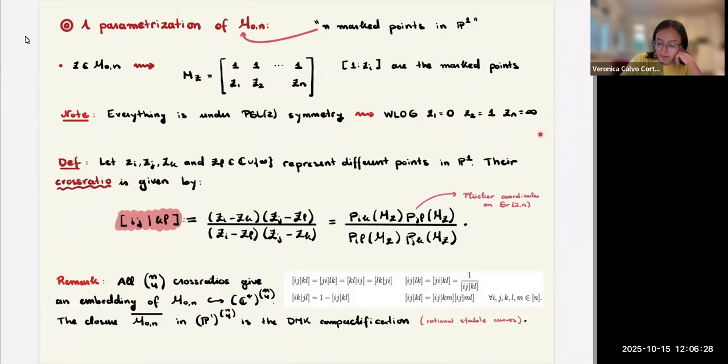You can see this, for example, by looking at the fact that we can always gauge fix 3 points, and so we have n minus 3 coordinates left to play with. But here we are embedding into a much, much higher dimensional space. Let's say I want to try to embed into something smaller.